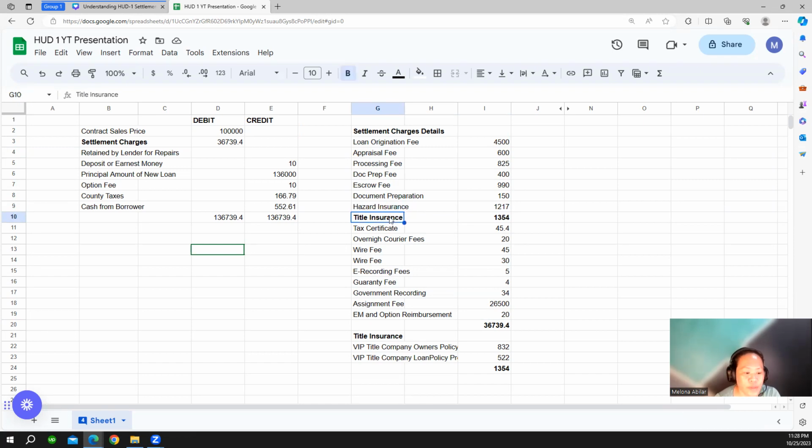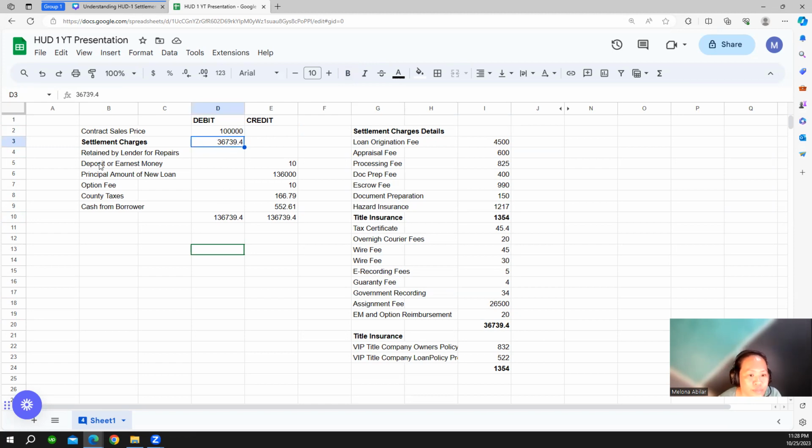For the purposes of today's presentation, we are going to capitalize all settlement charges, so they will be part of the cost of the property.